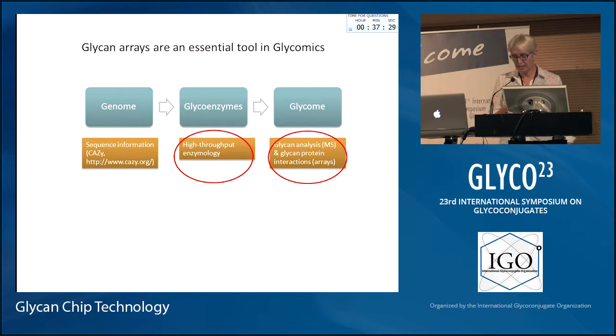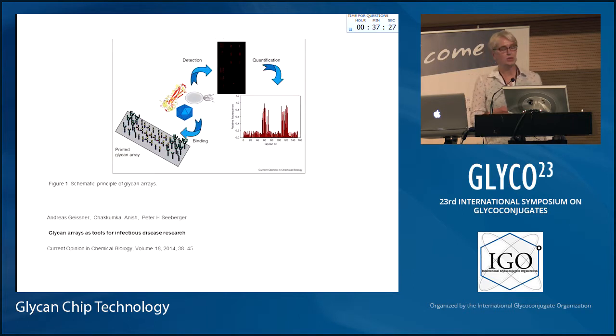I should say that I've been very lucky. When I was looking through the literature trying to find some nice papers by my colleagues on Glycan technology, I realized that last year there was a whole issue in Current Opinion in Chemical Biology, which is this reference here at the bottom, on microarrays, with a lot of articles on Glycan arrays.